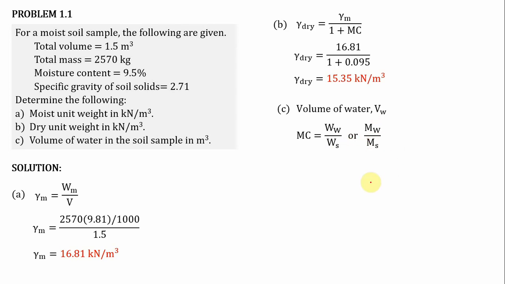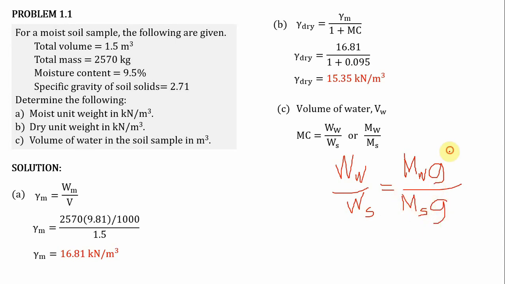Take note, moisture content can be in terms of weight or mass. Weight of water is equal to mass of water times gravity, and weight of solids is equal to mass of solids times gravity. Then gravity cancels, so what remains is mass of water divided by mass of solids.